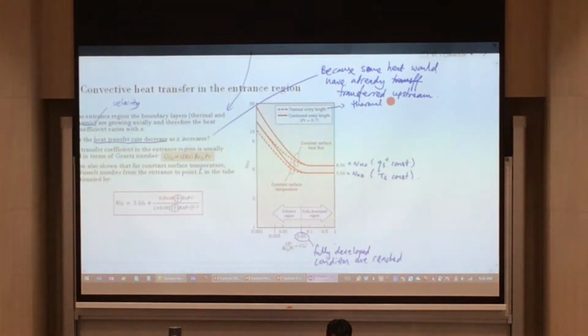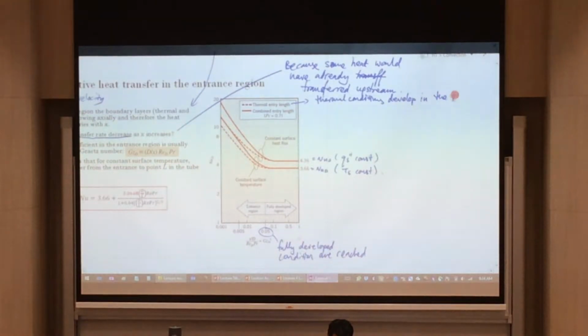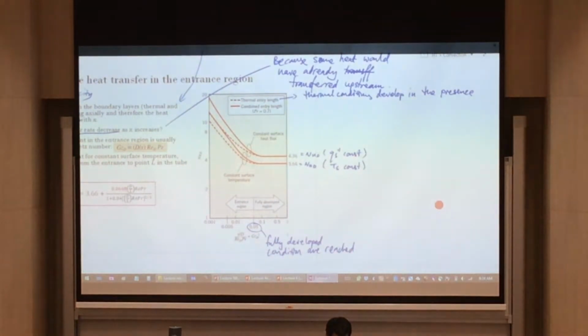What it means is your thermal conditions develop in the presence of a fully developed velocity profile.